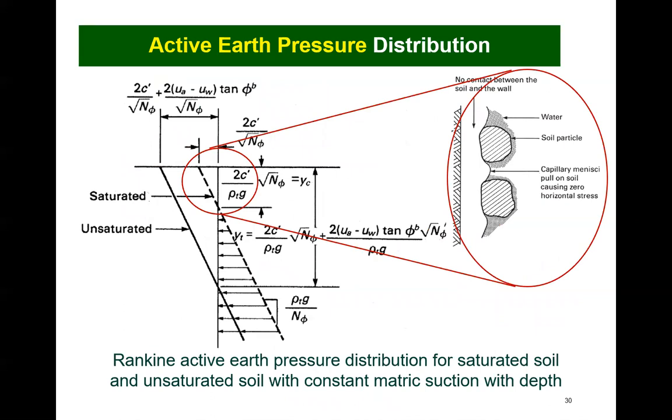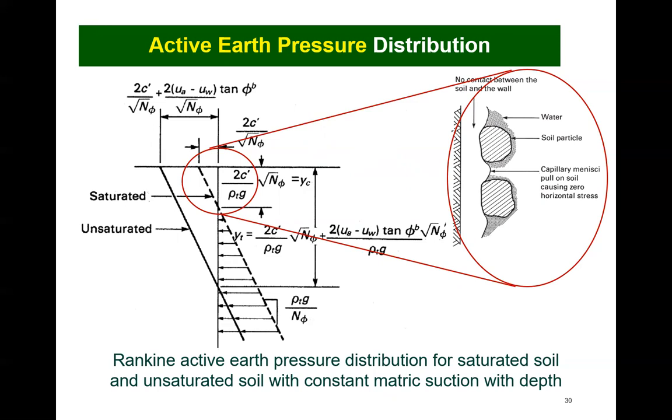The distribution of active earth pressure can be calculated using the classic earth pressure equations that are applicable for dry soils and saturated soils. They also apply for unsaturated soils. The only difference in each case is the magnitude of the matrix suction in the soil. The saturated soil is designated as a dashed line.